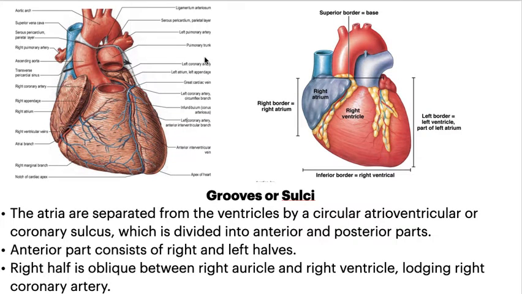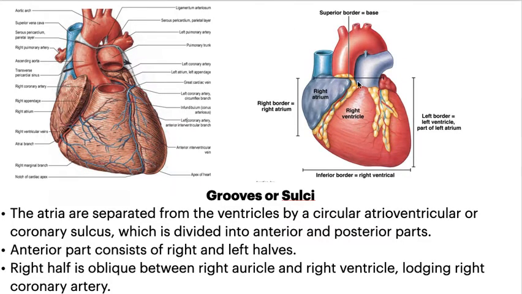Now, coming to the grooves and sulci. The atria are separated from the ventricles by a circular atrioventricular or coronary sulcus, which is divided into an anterior and a posterior part. The anterior part consists of a right part and a left part.